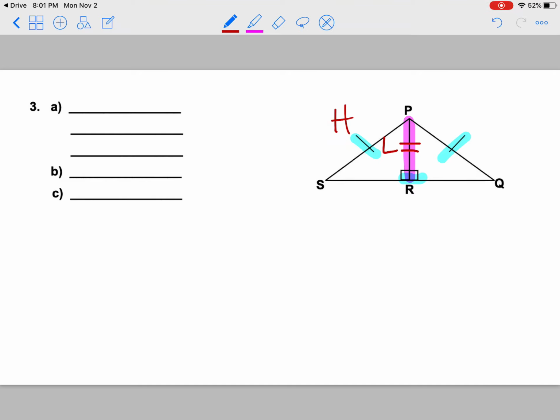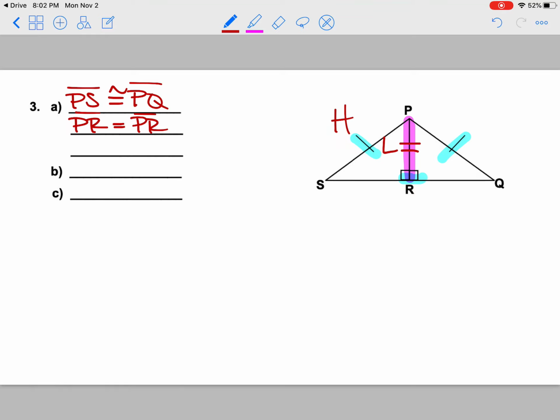So here we go. We don't have 3 things congruent on this one, we just have H and L. So we can say here that PS, side PS, is congruent to side PQ. We also know that PR is congruent to PR in both triangles. That's your reflexive property. Remember the one that I say duh to.